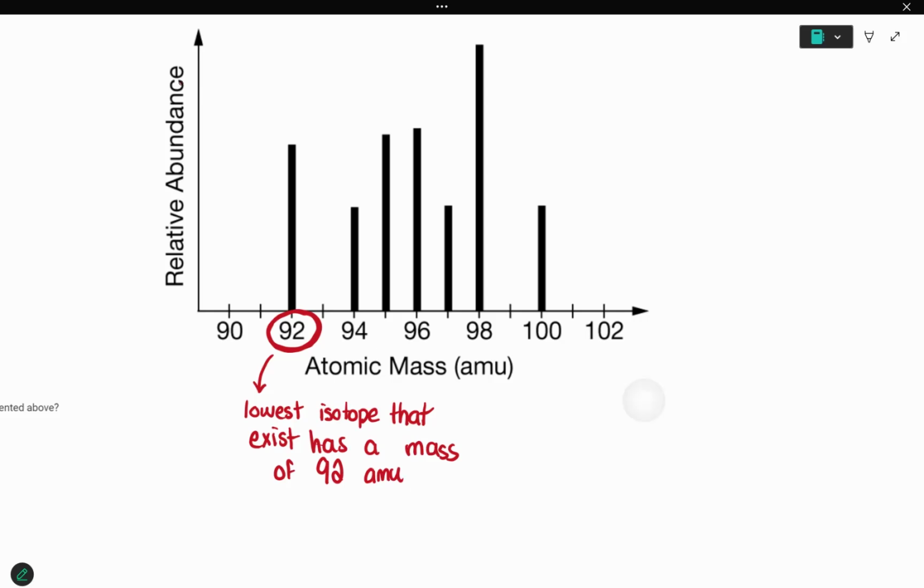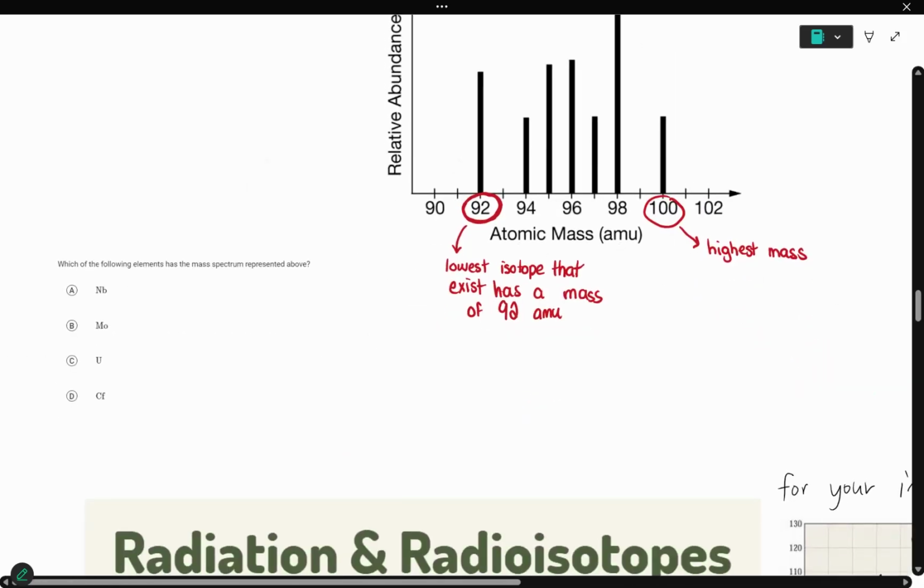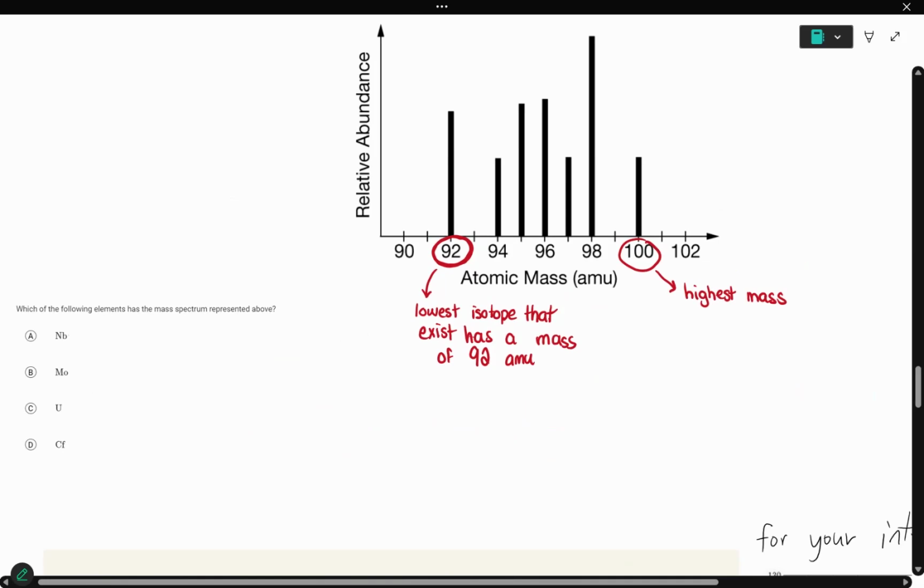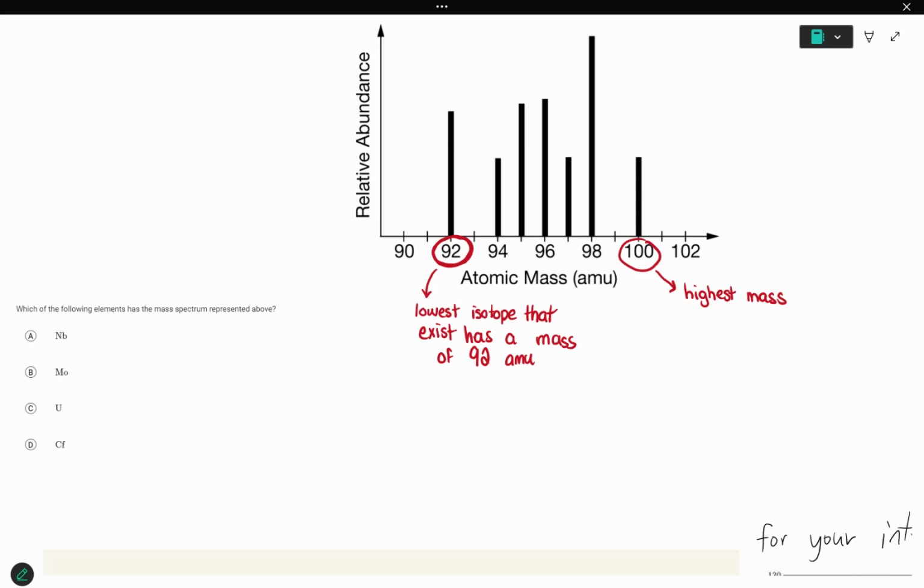100, right? So this is the highest mass. So realistically speaking, you can't have an element that has an average mass that is lower than 92 or higher than 100, because there'd be no way for you to get that number by doing an average.